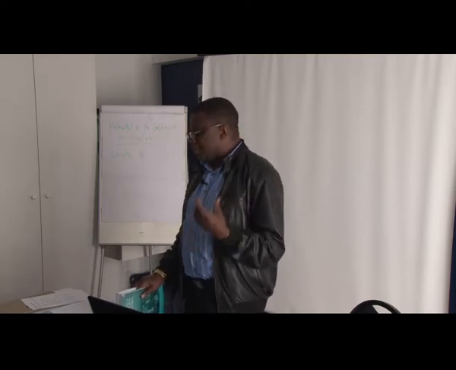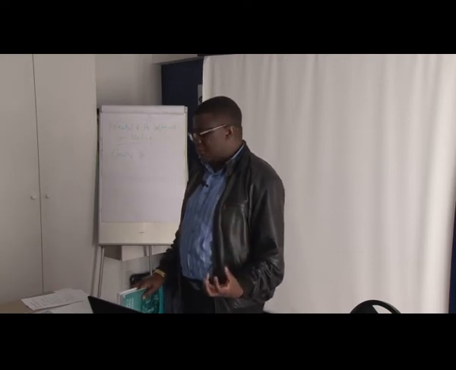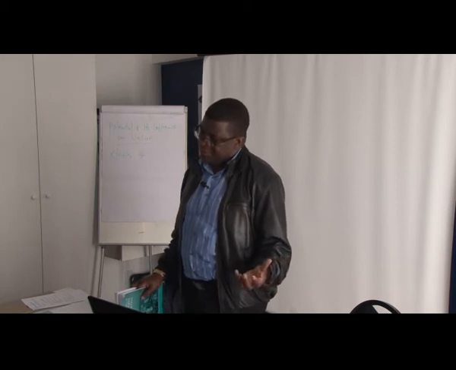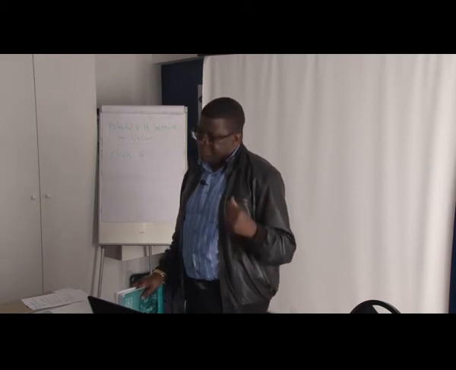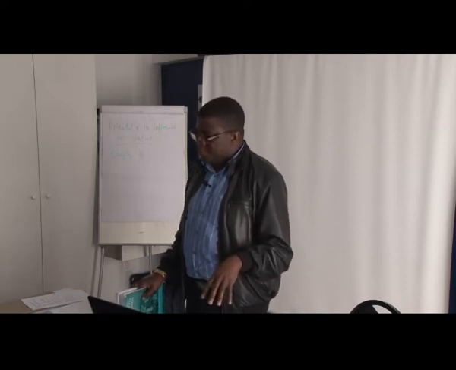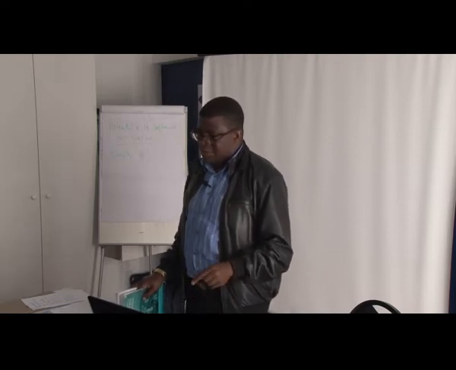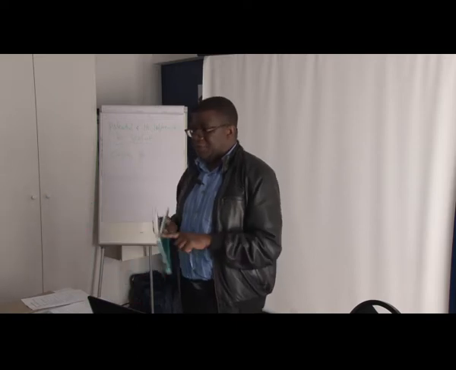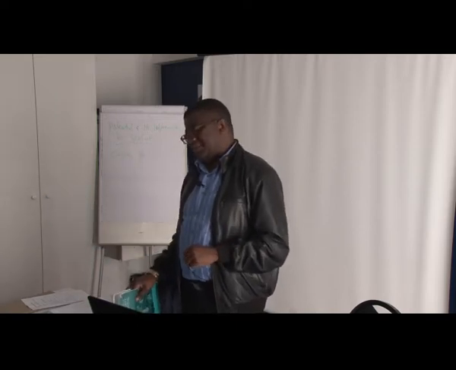Simply put, potential is the difference between the current or existing use of the property and its highest and best use. So if the current use of your property is not its highest and best use, then there is a gap. That gap is now the potential value of that property.